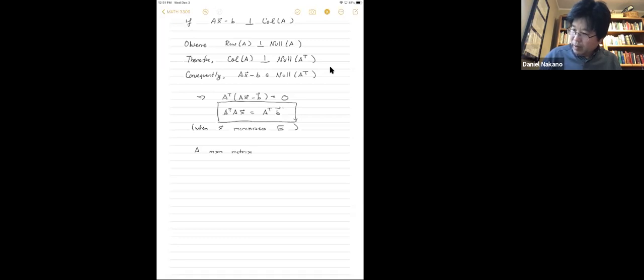Then A transpose is an N by M matrix, so A transpose A is a square matrix, an N by N matrix. So it makes sense to try to find the inverse, or see whether A transpose A is actually invertible or not.